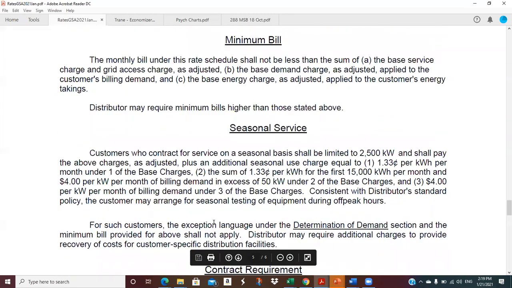Seasonal basis. Customers who contract for service on a seasonal basis shall be limited to 2,500 kW and shall pay the above charges as adjusted, plus an additional seasonal use charge equal to 1.33 cents per kilowatt hour per month under one of the base charges.